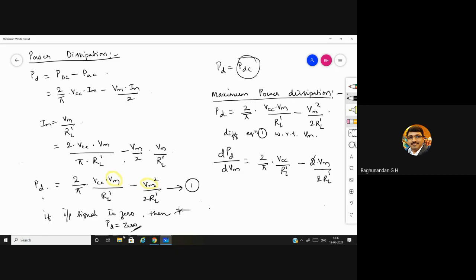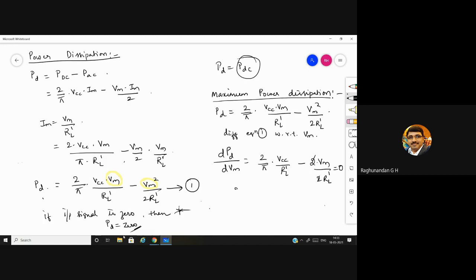To find this maximum power dissipation, we can equate dPd by dVm to 0.